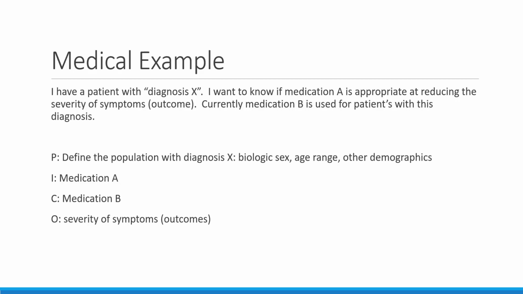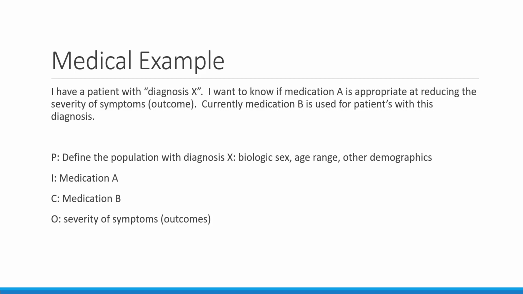Here's a generic medical example. I have a patient with diagnosis X, and I want to know if medication A is appropriate at reducing the severity of symptoms. Currently, medication B is used for patients with this diagnosis. So for my PICO, population, I want to define the population with diagnosis X. Do I do it by biologic sex?